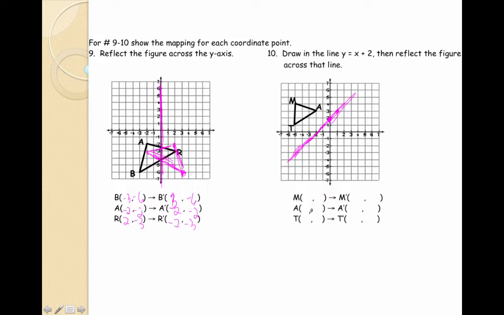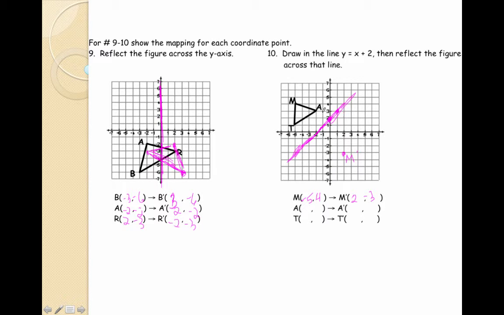So if I go to the right to get to it, I go down to go ahead and get that image point. So M starts out -5, +4, and then it goes 1, 2, 3, 4, 5, 6, 7, and down 1, 2, 3, 4, 5, 6, 7. So there's M prime, which is 2, -3.